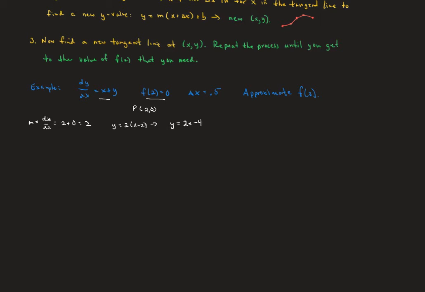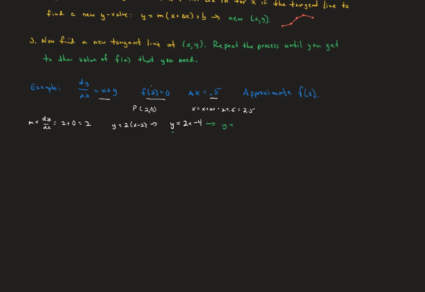Now, we're going to treat that like it's the function and step our x value over another 0.5. So we started with an x value of 2, so our new x value is going to be x plus delta x. That's 2 plus 0.5, so that's going to be 2.5. We're going to plug that into our tangent line here to get a new value of y.